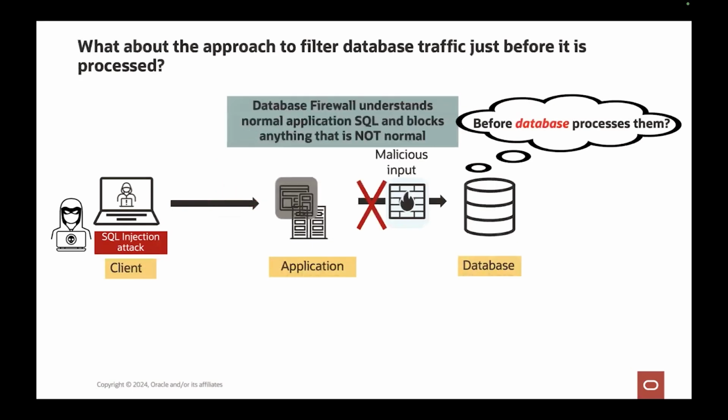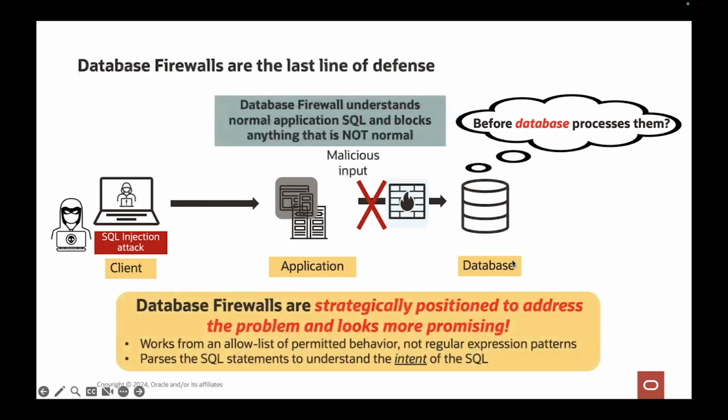Now, what about the third approach, where you have some kind of database firewall that understands application SQL, understands the intent of the SQL, and blocks everything that is not normal, not expected by the application to query, right? And that's where database firewalls come into the picture. They are strategically positioned to address the problem and look more promising because they work from the allow list.